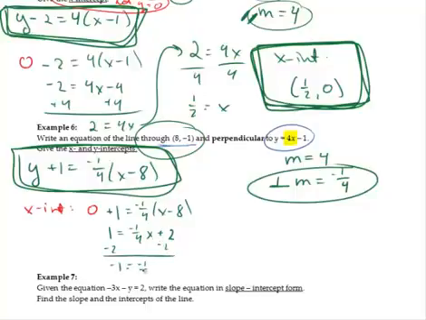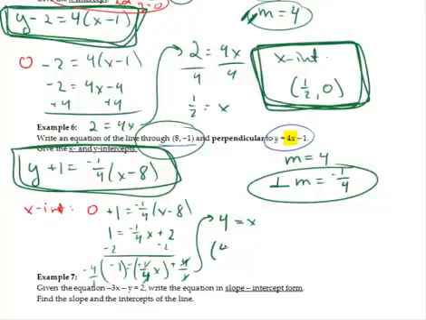Negative 1 equals negative 1/4 x. Now, we still want x by itself, so to get rid of this, let's multiply both sides by negative 4 over 1, because then we cancel the 4's, cancel the 1's, cancel the negatives. Negative times a negative is positive 4 equals x. So the x-intercept is (4, 0).